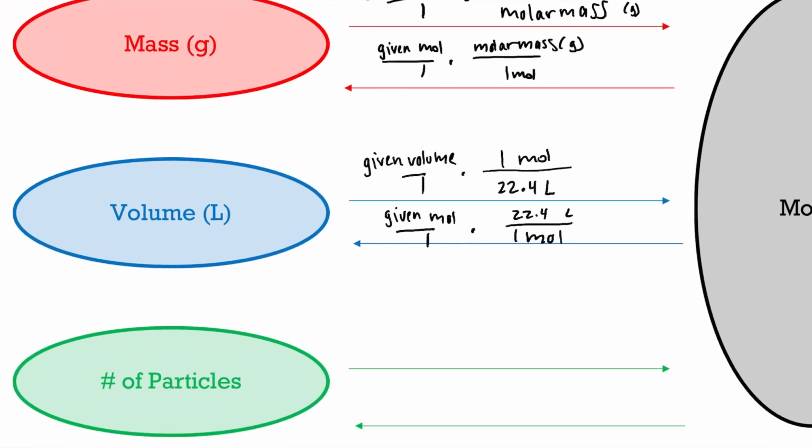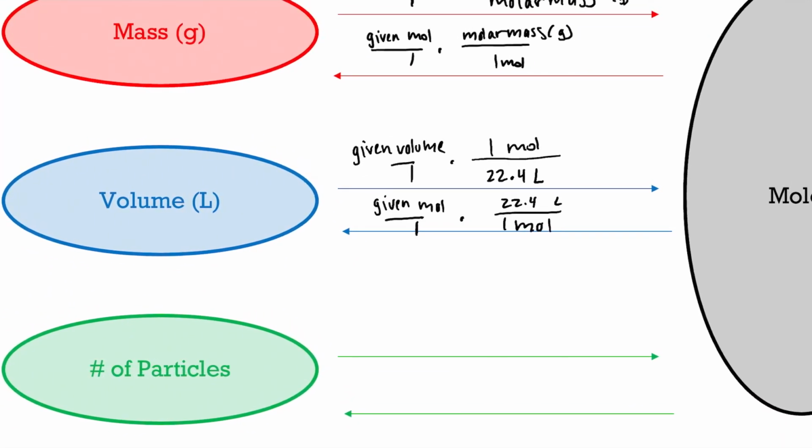And then lastly, if we're talking about number of particles, given the number of particles, we write particles over 1, and we are going to divide by 6.022 times 10 to the 23 particles.